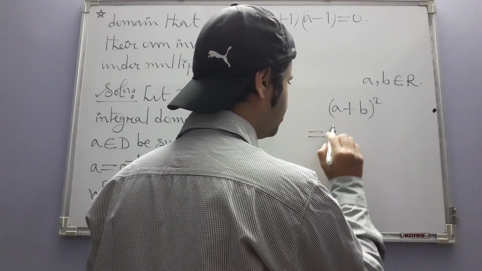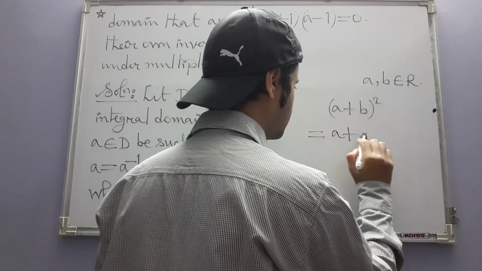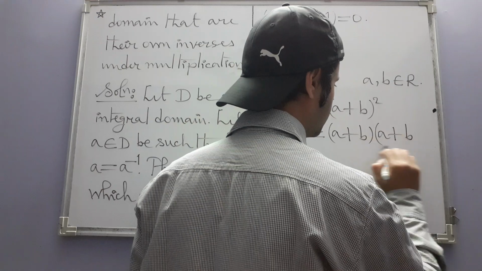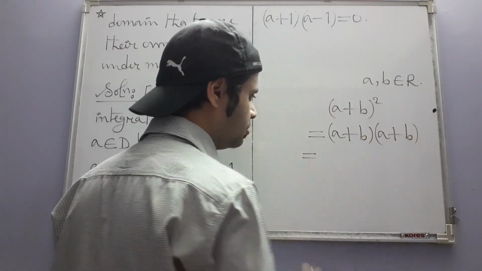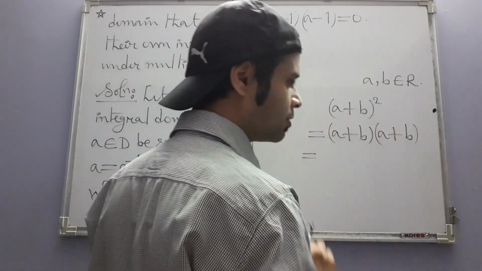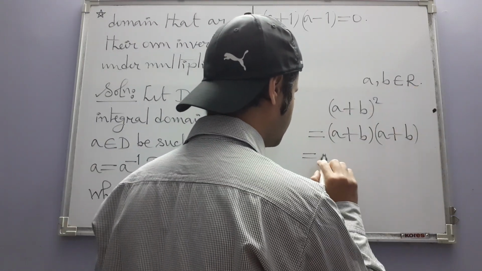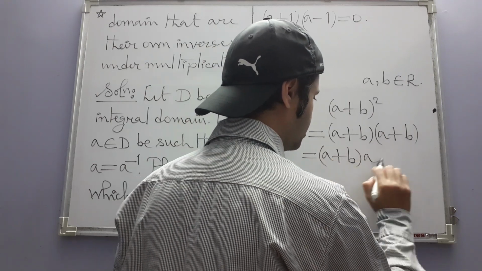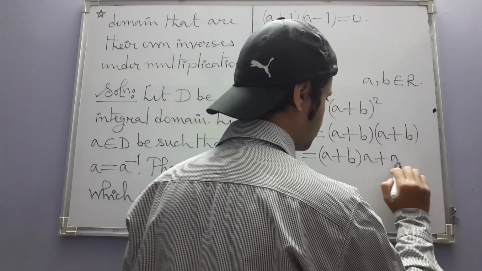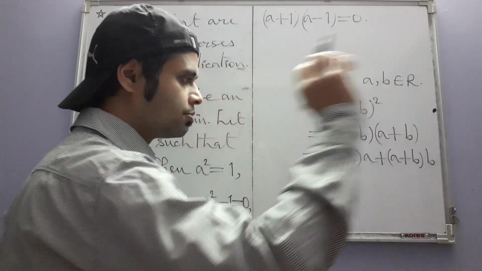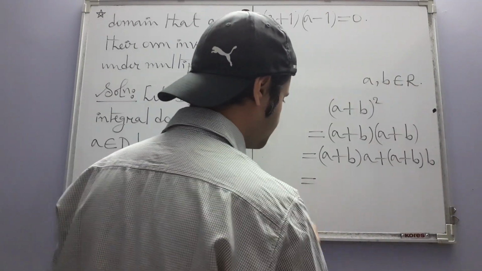Then by definition A plus B whole square simply just means this. Now if you use your distributive laws, say you use the left distributive law first, you can then write this product as A plus B times A plus B times B, and then you use the right distributive law.